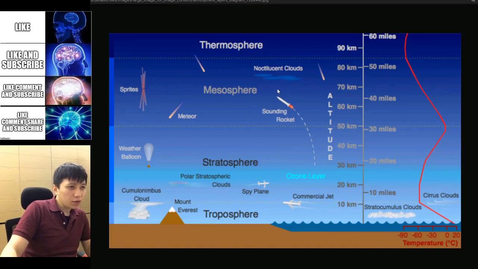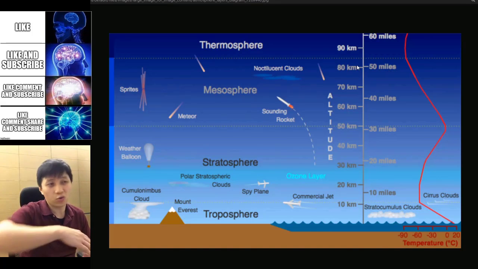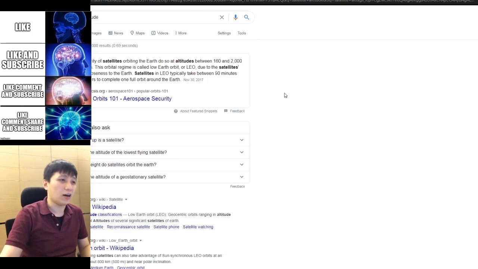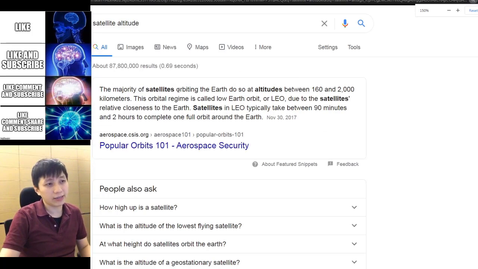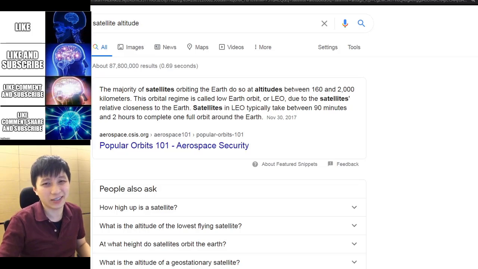Anyway, if you look at this diagram, then you can see the atmosphere actually is up to 90 km only. So if you go up to 300 km, in this question, this is already out of the atmosphere, and in fact that could be the altitude for the satellite, because as you can see here, it's about 160 to 2000 km. So yeah, probably you can't skydive at that altitude.